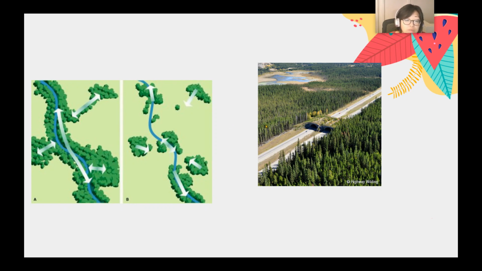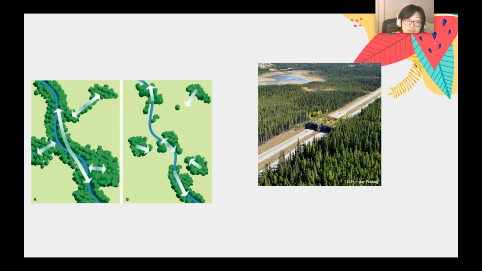Oftentimes human activities will fragment these habitats and isolate these populations. One of the ways to mitigate that is to build these corridors, so protecting habitats in between to expand the habitat, or even just building bridges that will connect them.